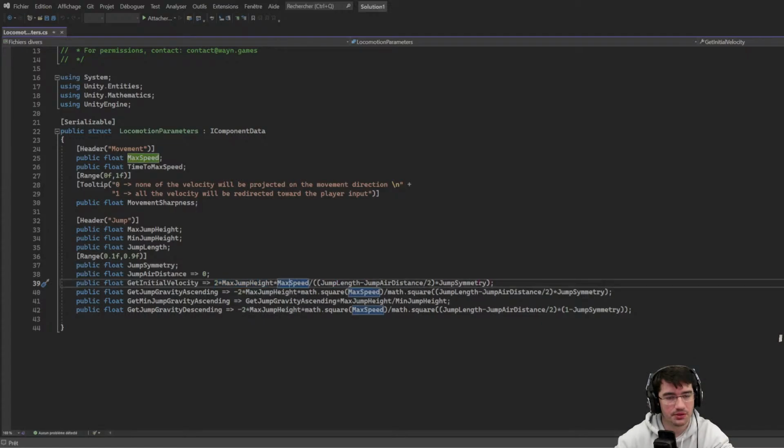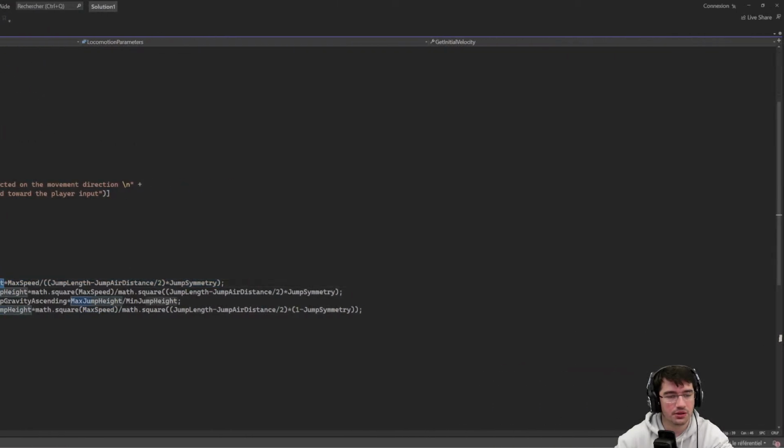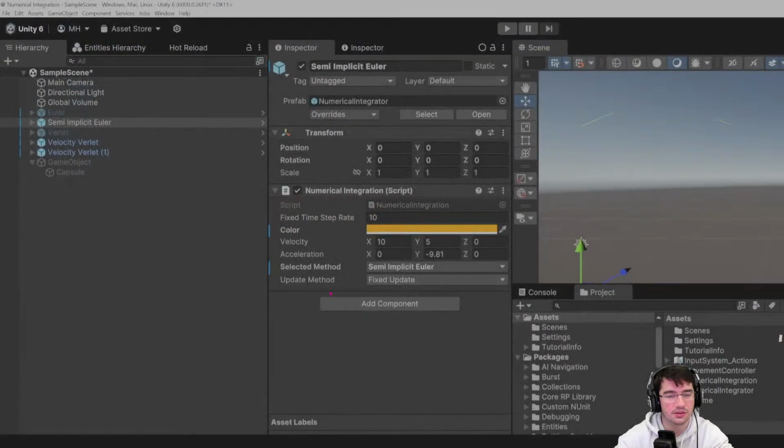Maximum speed, so that the time I need to reach the height.